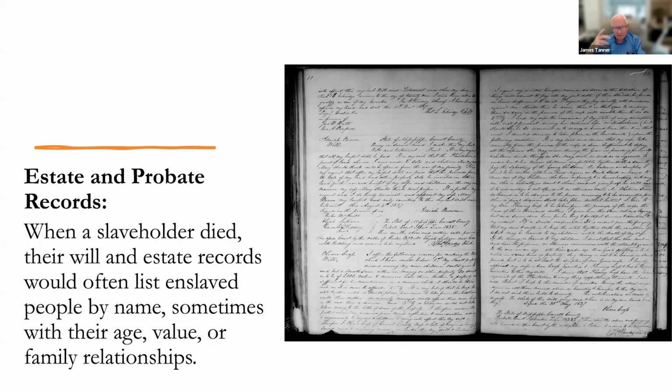As I mentioned a moment ago, when the slaveholder died, their will and estate records would often list enslaved people by name, sometimes with their age, and always in an estate, the value of the slave. Heart-rending to see an individual, someone named something like Old Joe, and his value was 25 cents. You just can't imagine that a person had so little value in that culture.